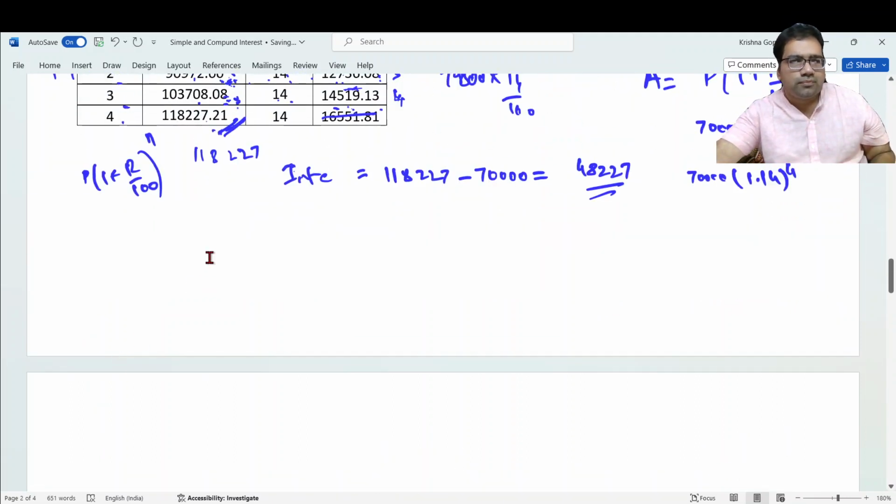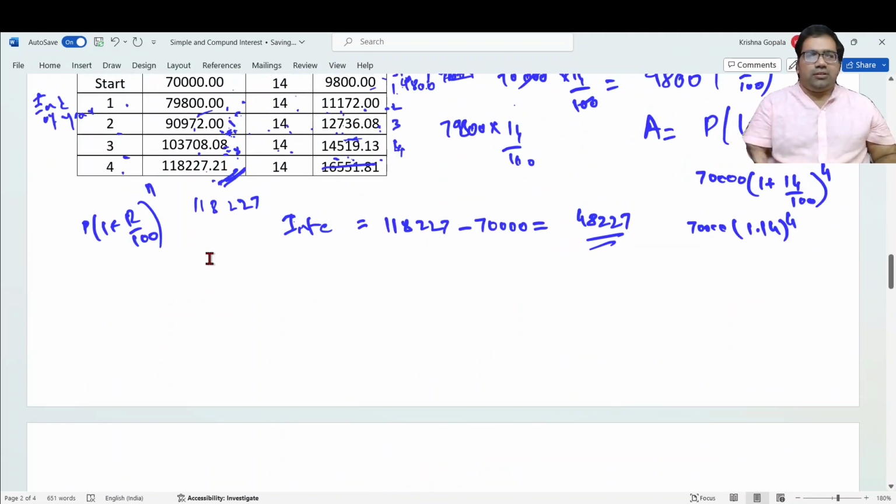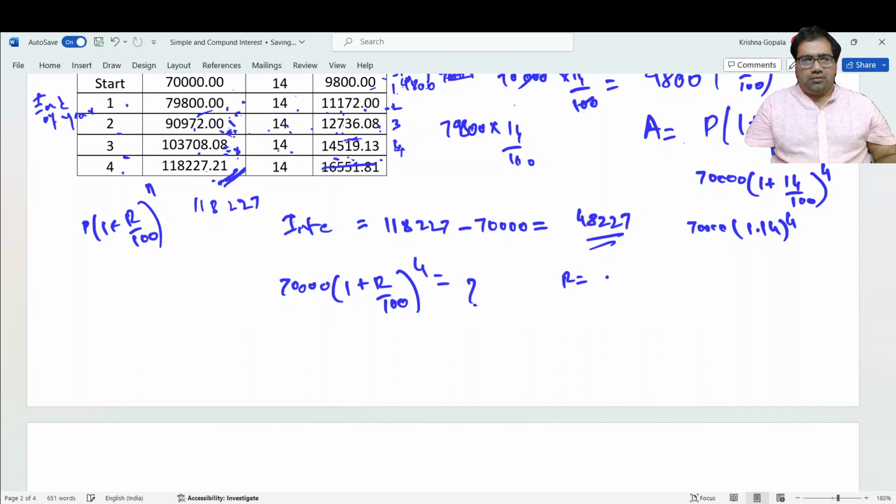Now, what have we done? We have done the same calculation here also. So 70,000 into 1 plus R by 100 raised to 4 equals how much? This is the question. R is equal to 14%.